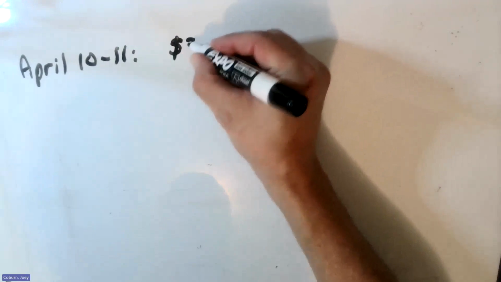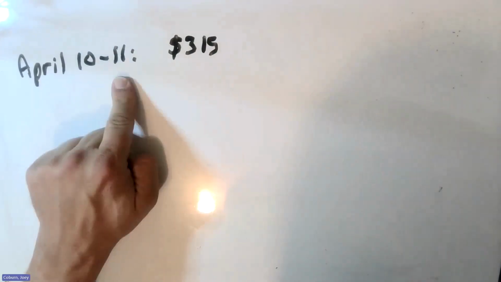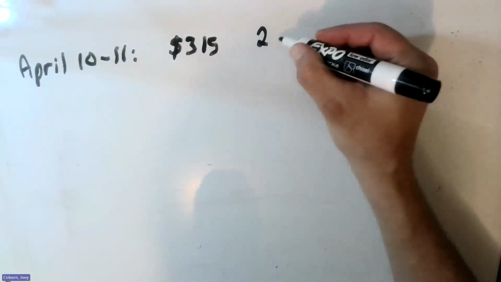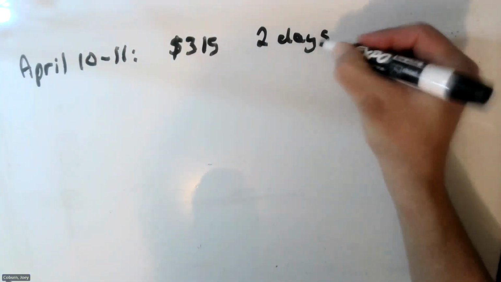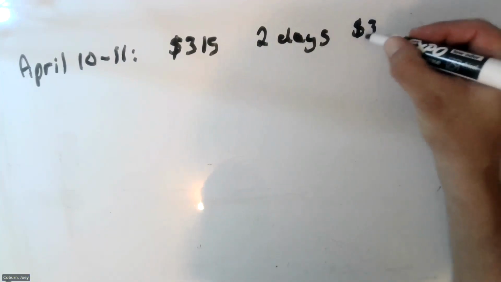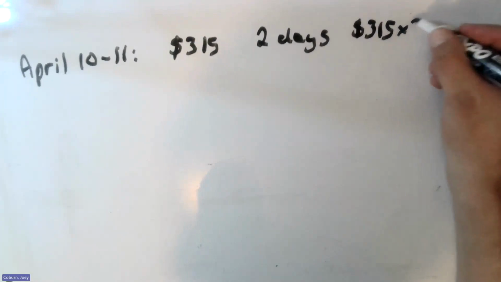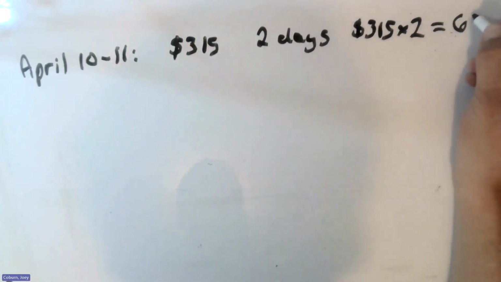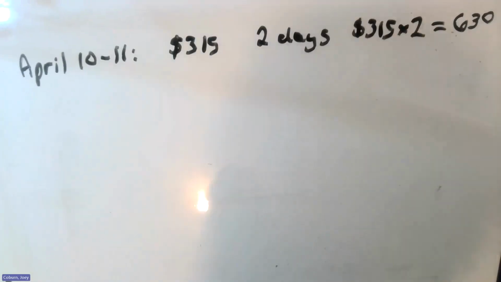No, 315. Now, this is April 10, April 11. So that's for 2 days. So if we take the balance times days, we get 630.